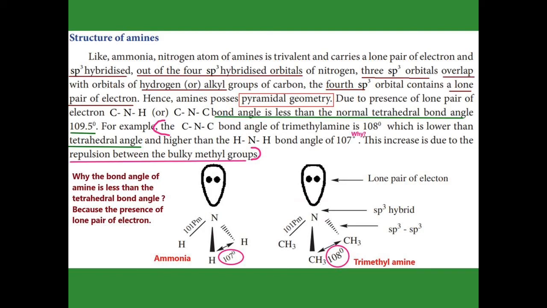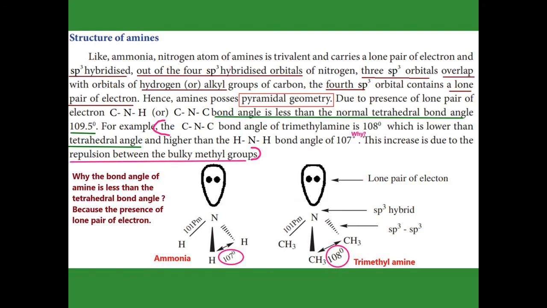So the amine has pyramidal geometry. Now the tetrahedral bond angle is 109.5 degrees, but in ammonia the bond angle is 107 degrees because of the lone pair of electrons present on the nitrogen. The tetrahedral bond angle is reduced to 107 degrees in ammonia.